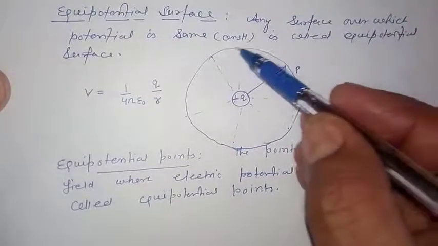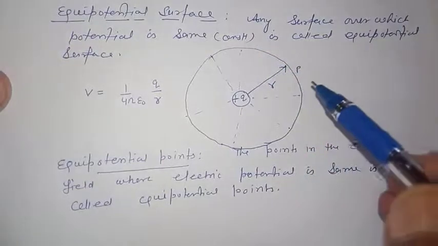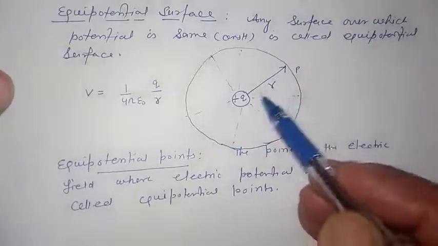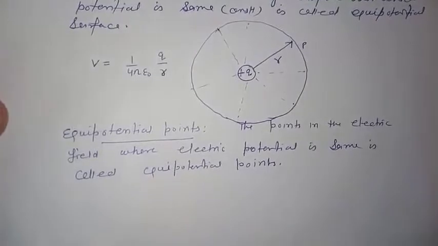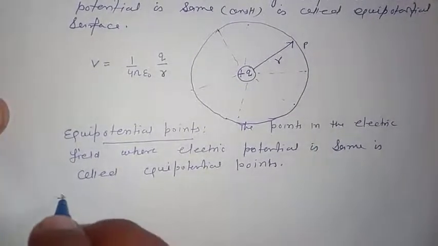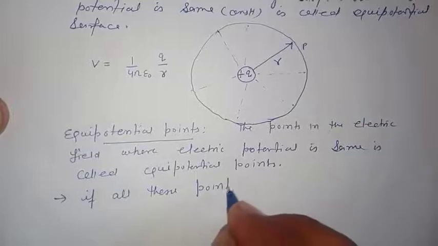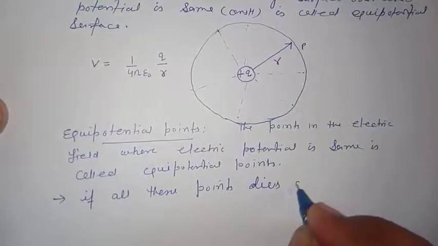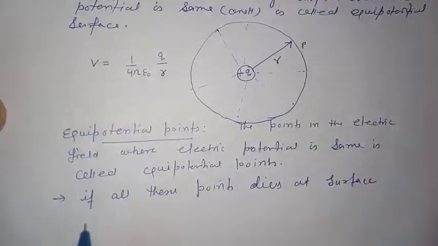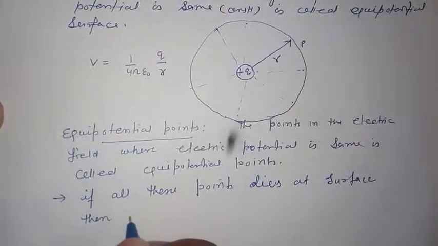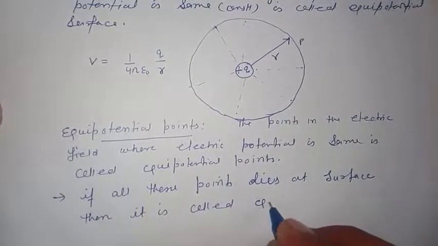So now all the points over the circle will lie at the same potential, because their distance from the source charge will always remain the same, that is R. So if all these points lie on a surface, it is called an equipotential surface.